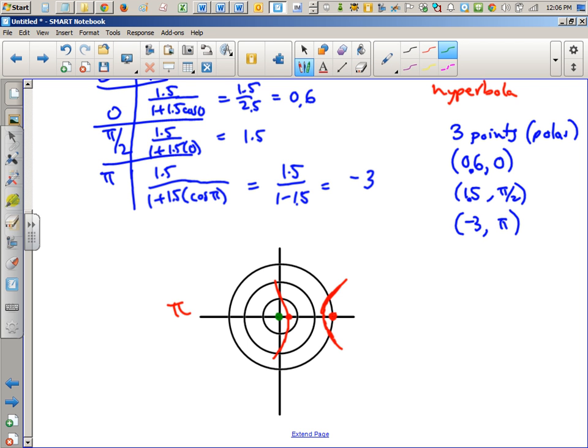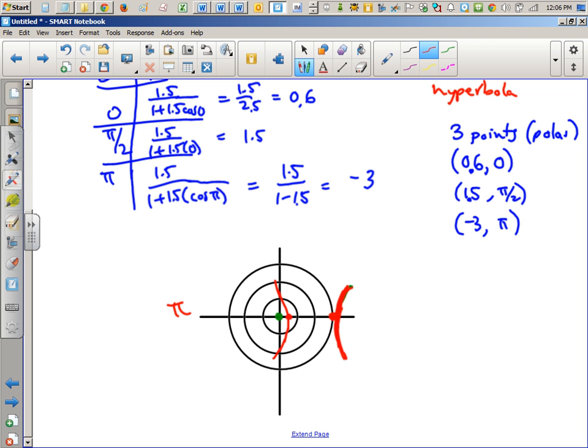So I'm trying to draw it where my focus is at the pole. How can you get the box? You wouldn't even worry about the box. That's all rectilinear stuff anyway. Those are horizontal and vertical measurements. Who cares? I have one mistake on here. The point negative 3, pi was actually one of the points on the hyperbola, so I need to assume that's a vertex, not a focus.